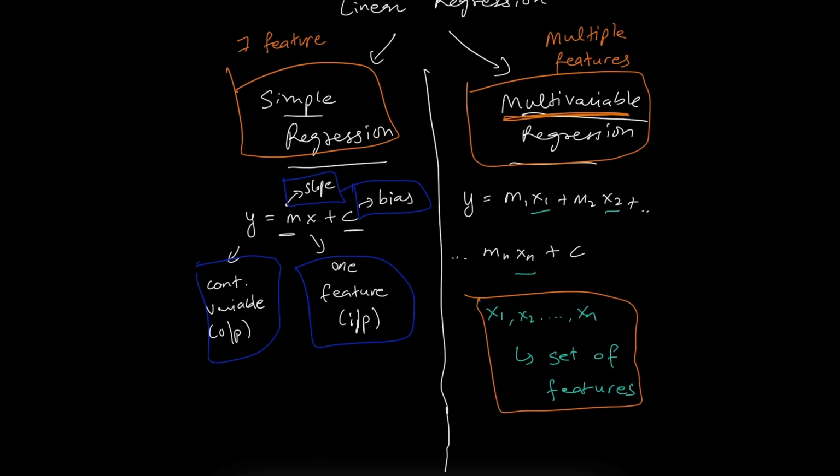So the only separate procedure or function we want to do for multivariable regression is because we have a larger number of features, and because all of these features can have different ranges of values.